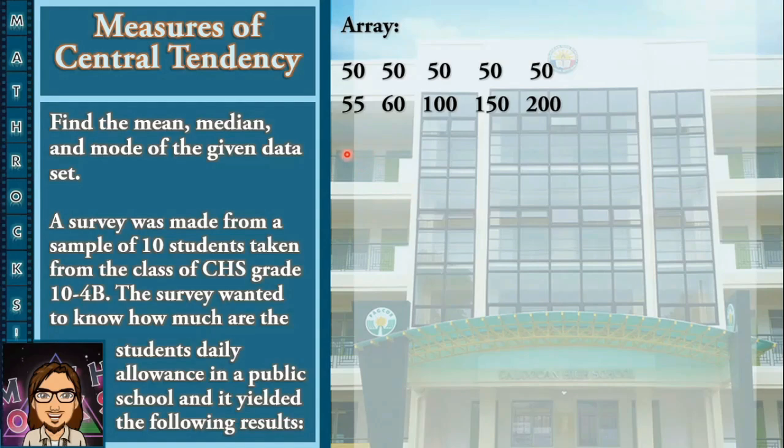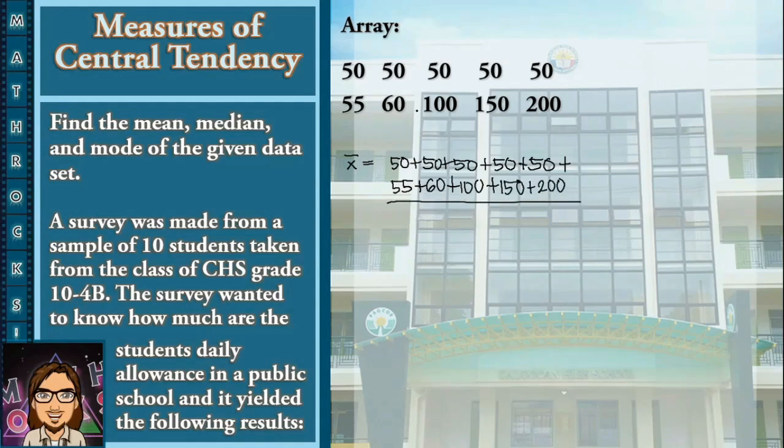And again, for us to find the mean, which is the x bar, we only need the sum of all of these observations, adding all of those numbers. So we have five of these 50s, and we have to add these numbers as well.